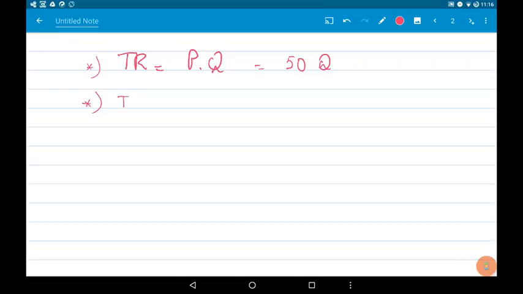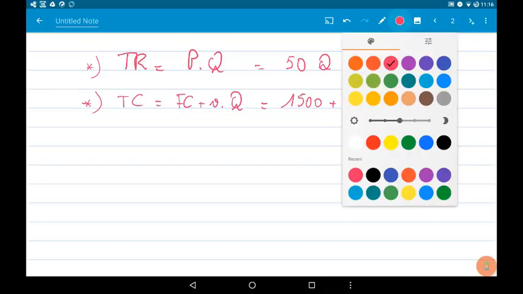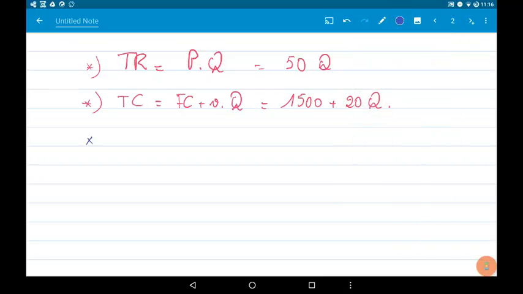And that we know total costs, which is fixed cost plus cost per unit times Q. The example we gave was 1,500 plus 20Q. Let's try and calculate the profit. The profit function is denoted by pi.